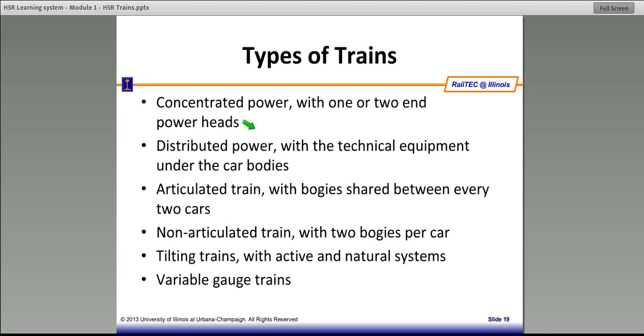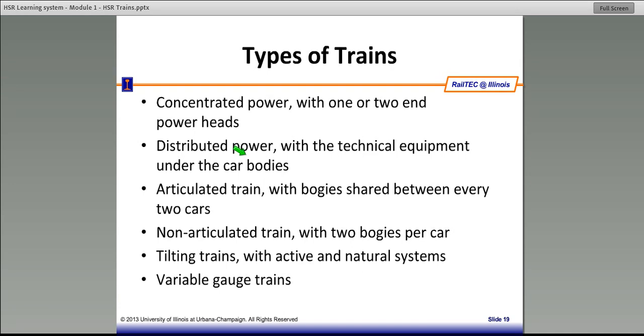Another type is called distributed power, and this type of distributed power train, basically they evolved from the EMU type. In other words, each unit of the train, each unit of the car has a power source, has a power motor.